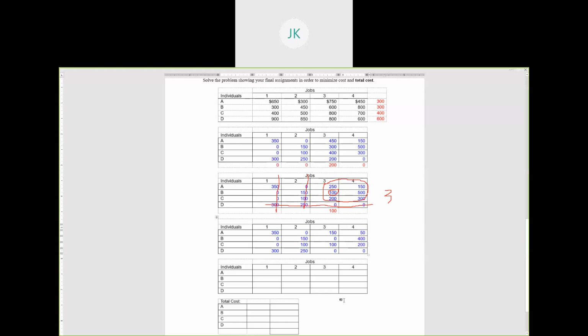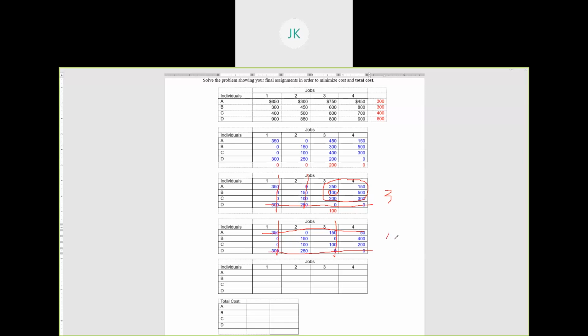Okay, next, again try to cover. There are two, cover this, and there are two here or here, it doesn't matter. Just cover this, and then this one, horizontal or vertical doesn't matter, cover and cover.